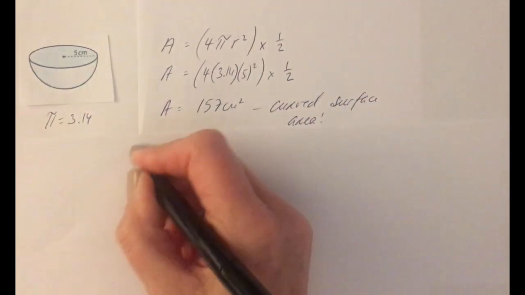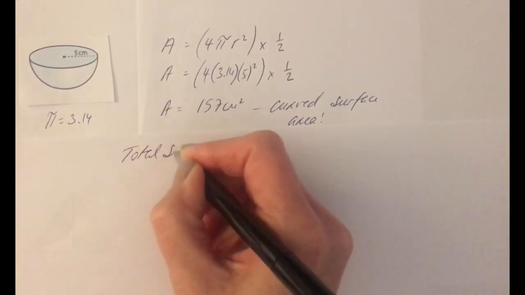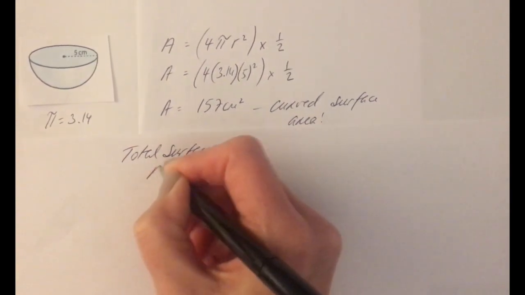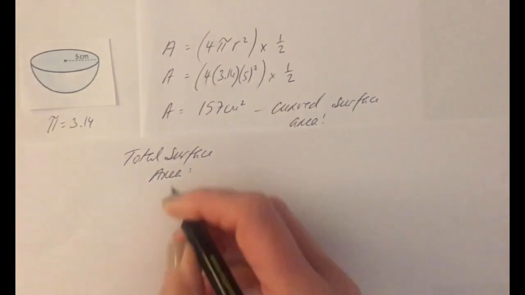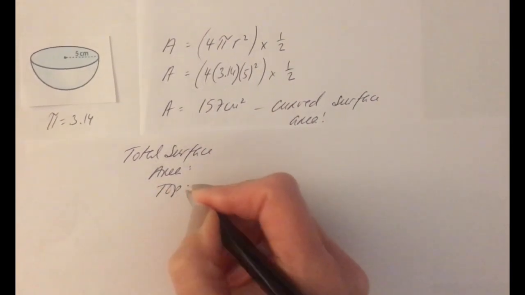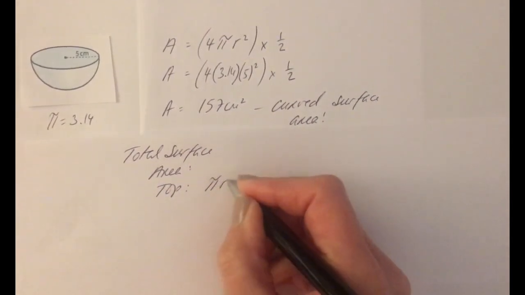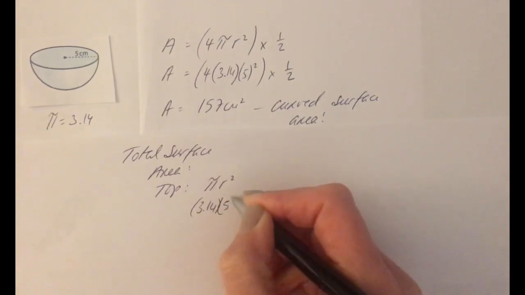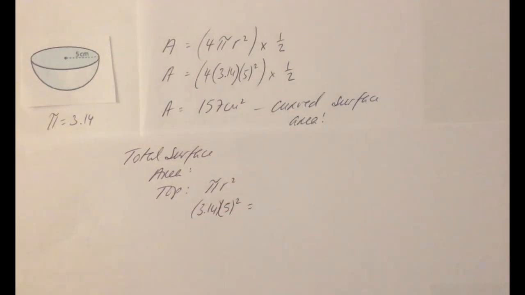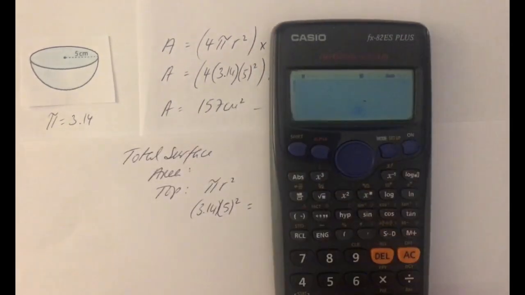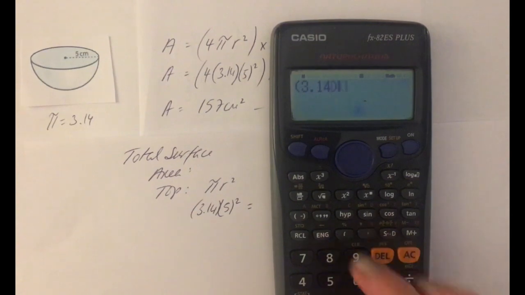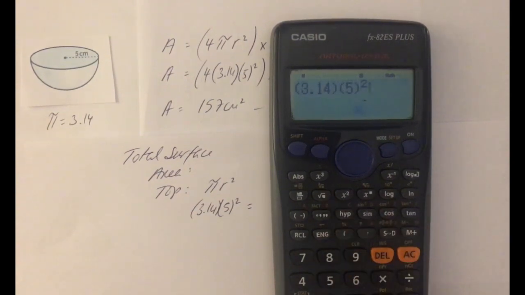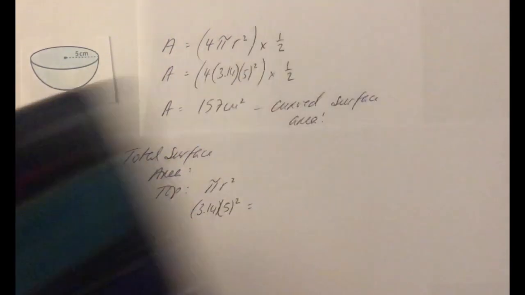And now for the total surface area. The top is, of course, a circle, pi r squared. So 3.14 times 5 squared, which of course is 78.5.